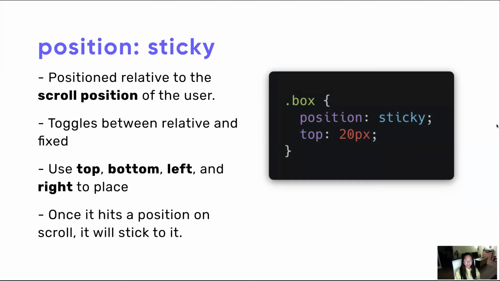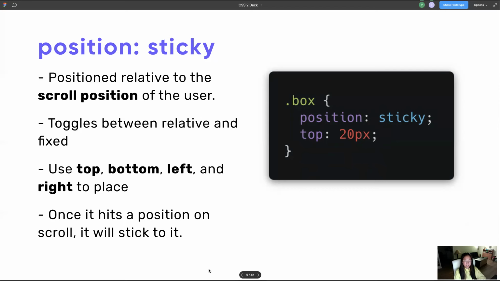So the position that it occupies depends on what part of the page you're scrolling on. Sticky isn't really itself. It toggles between relative and fixed. So I'll explain more of this later once you get to the demo. It'll make a lot more sense. But similarly to absolute and fixed, you can use top, bottom, left, and right to place it. Once it hits a position on the scroll, it will stick to it. So that's where it gets its name.